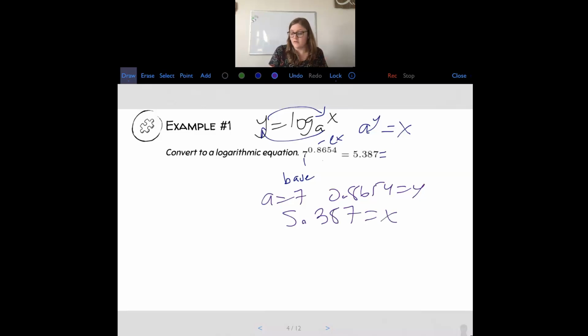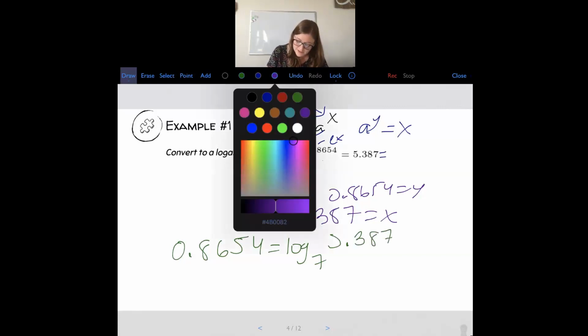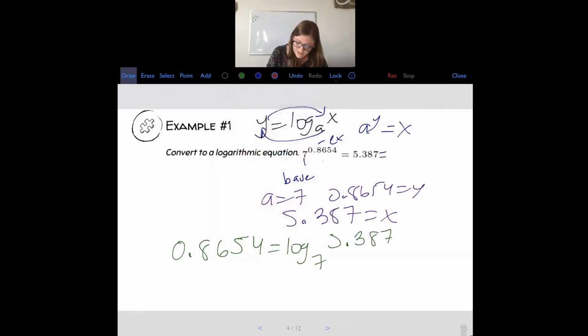We substitute those values in, and we have our logarithmic equation: 0.8654 is equal to log base 7 of 5.387. And if you were to convert back to exponential, this would give us 7 to the power of 0.8654 is equal to 5.387, which is exactly what we started with.